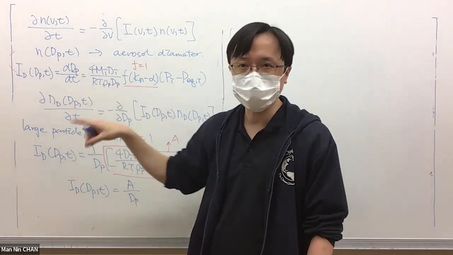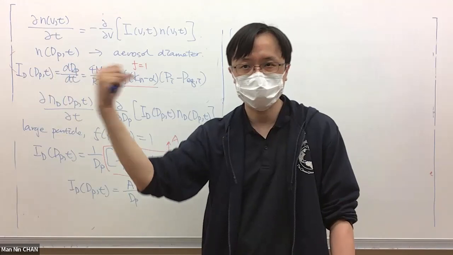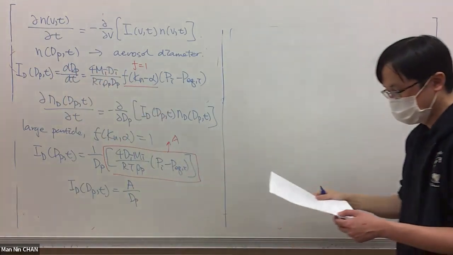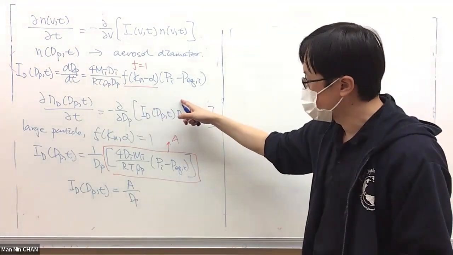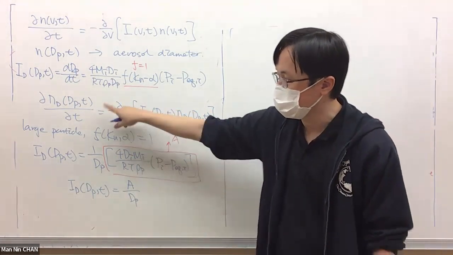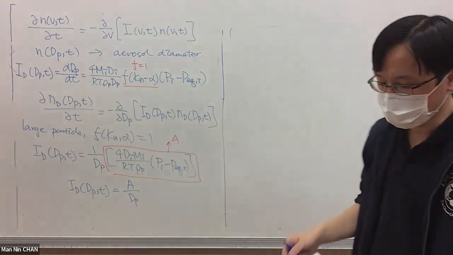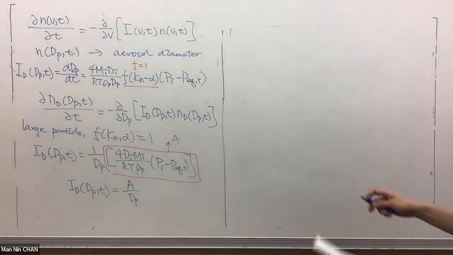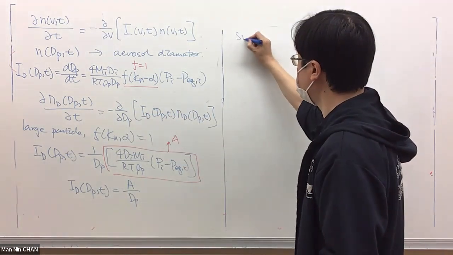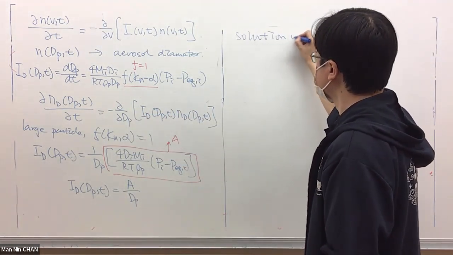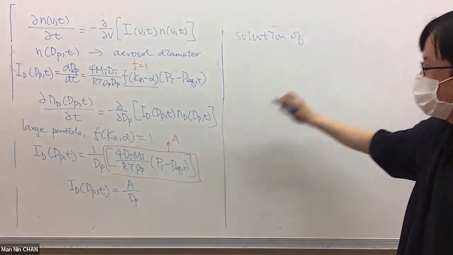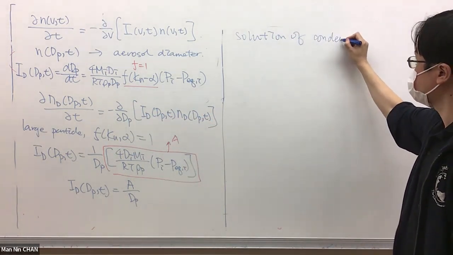Of course, this will go to the growth rate, so you have a growth in and growth out. Therefore, we want to solve this, which we call the condensation equation. So we try to look for a solution for this condensation equation.